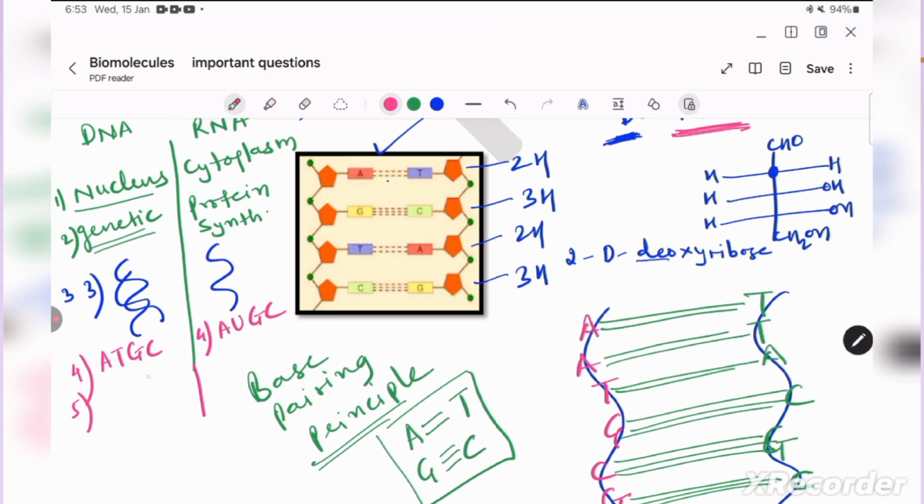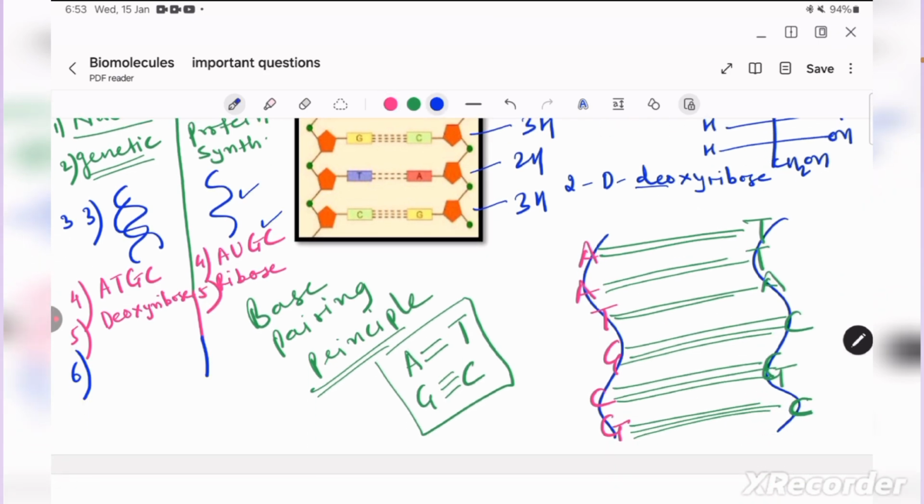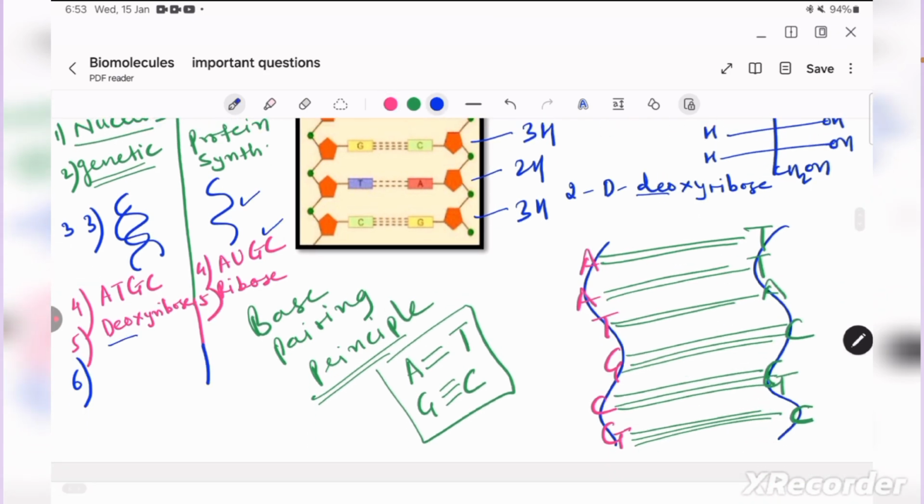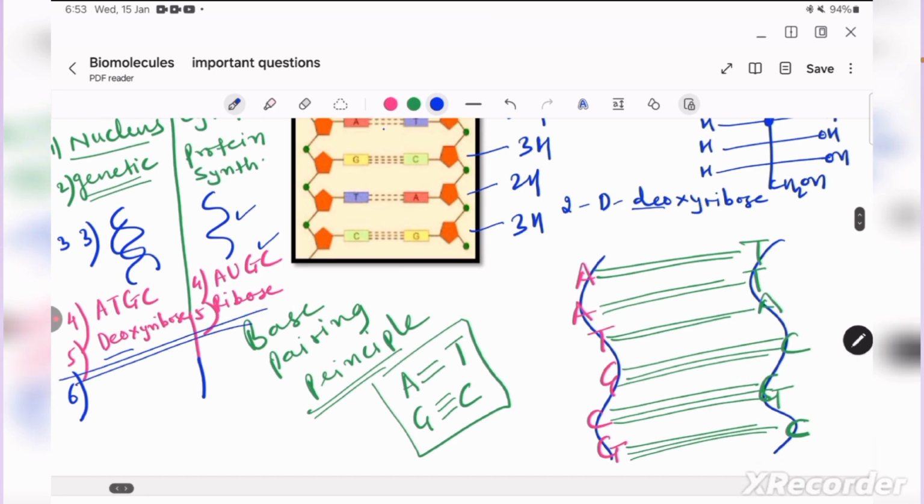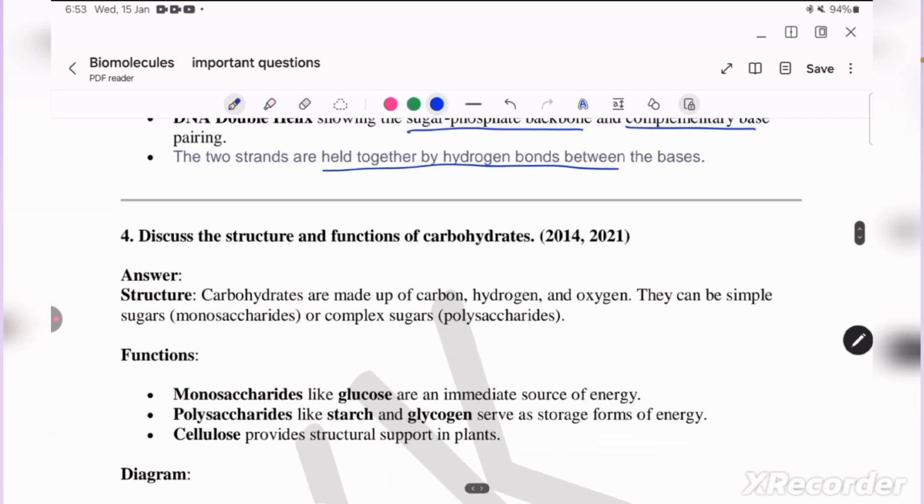You can also talk about the sugar present here. We have the deoxyribose sugar in the case of DNA, whereas in the case of RNA we have the ribose sugar. I think that's quite sufficient for you to explain your answer in the board exam. Let's come to the next question.